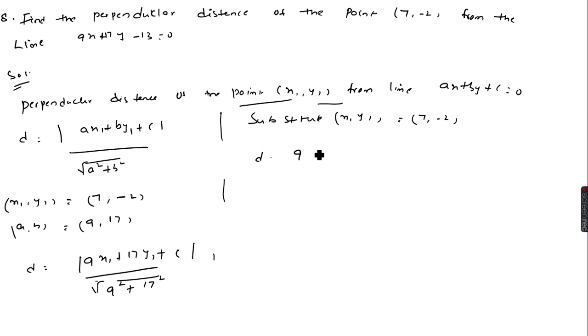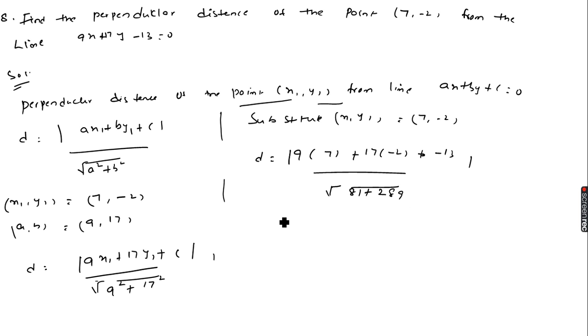Therefore d equals 9 into 7 plus 17 into -2 plus c, that is minus c, by root of 81 plus 289, that is 289.